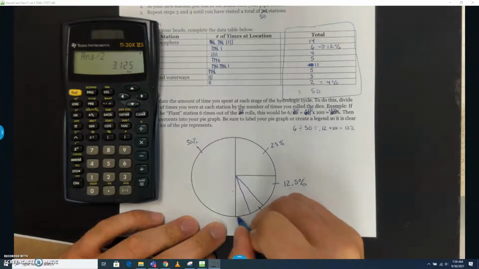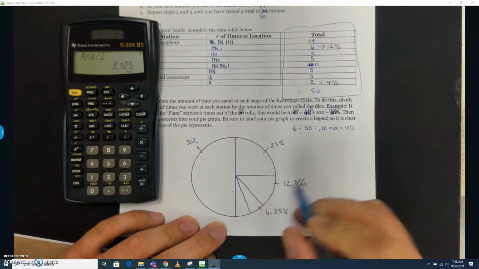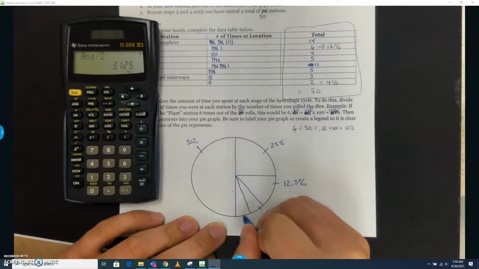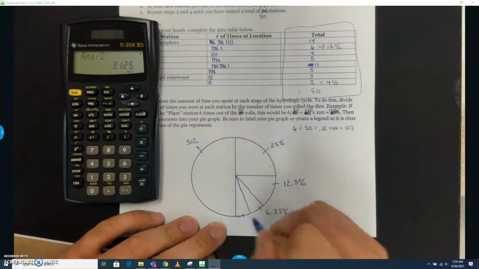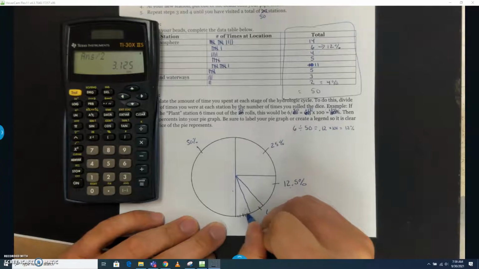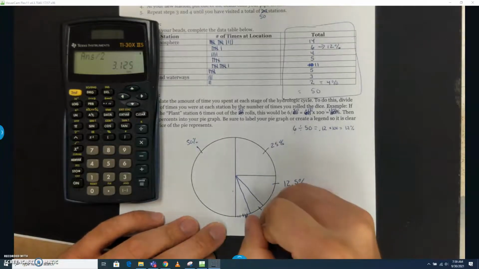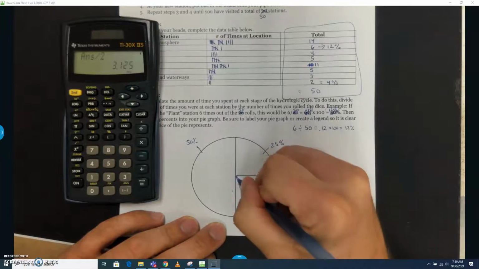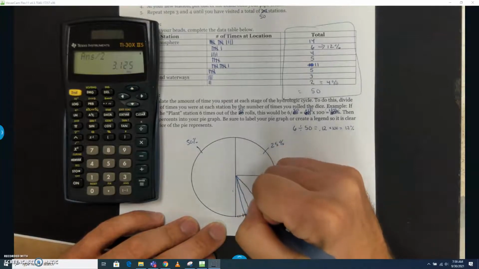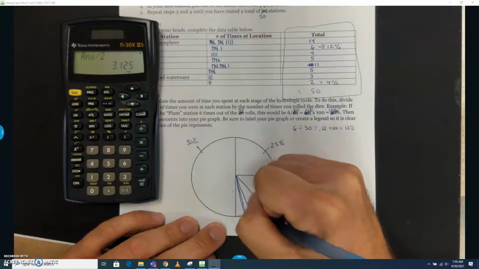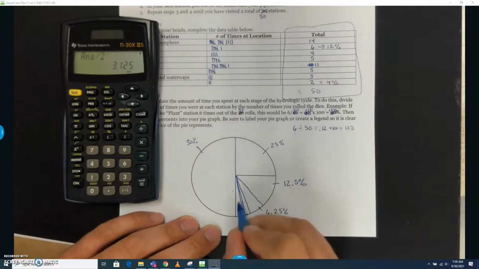If this is 6.25, I'm just going to round that down to 6 so it's easy. And that would make this halfway point, say 3. So 1, 2, 3, 4, 5, and 6. I needed 4. So here's my point. I can just draw my line connecting that to that. And now I have 4%.